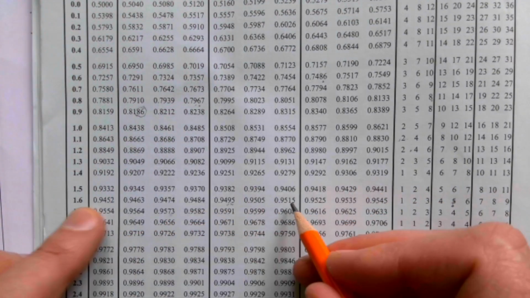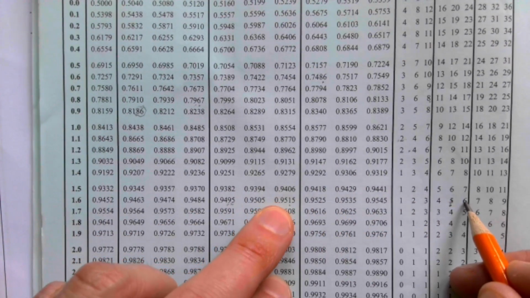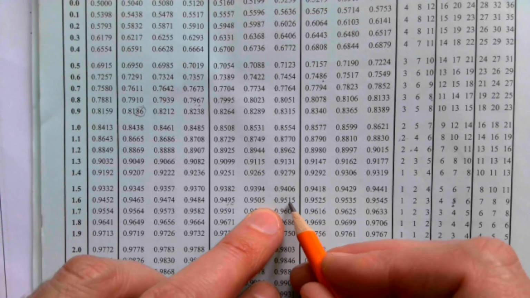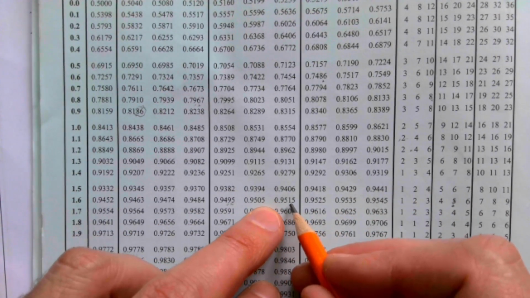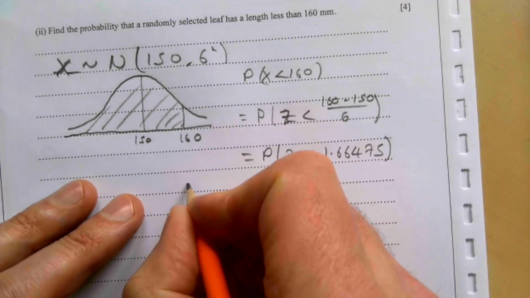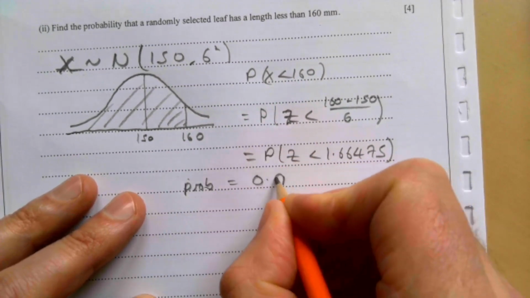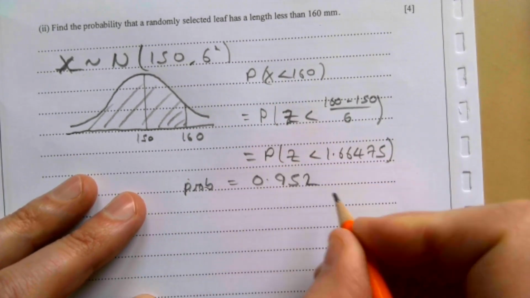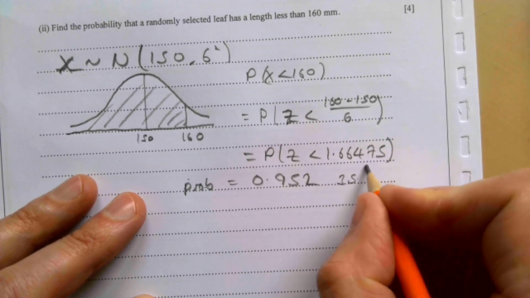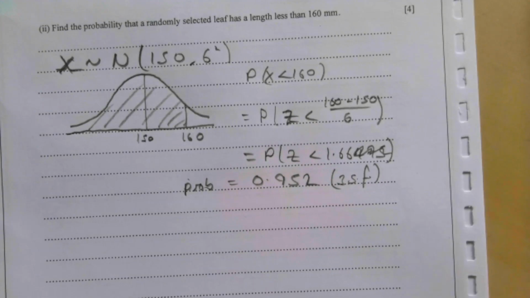So 1.66, 0.9515, and then adding 6 to it, it's 0.9521. So my probability is 0.952 to 3 significant figures.